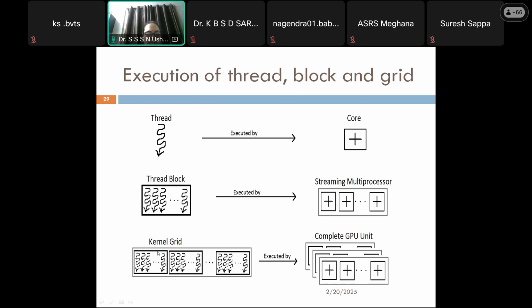Threads are within the thread block, and all the thread blocks together we call the grid. It is going to be executed by the complete GPU node. You can see it in reverse also: the total thing is this, we need to compute this much data with the complete GPU unit. One thread block is handled by one streaming multiprocessor, and one thread is handled by one core.